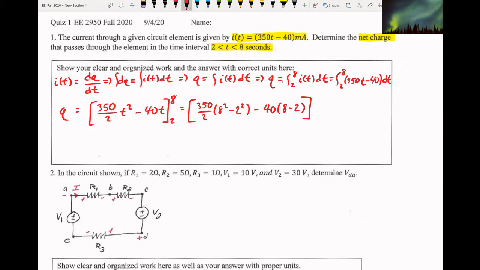And let's not forget that this is milliamps here, which is going to be equal to times 10 to the negative third. So when we do that, this will give us 10 to the negative third.